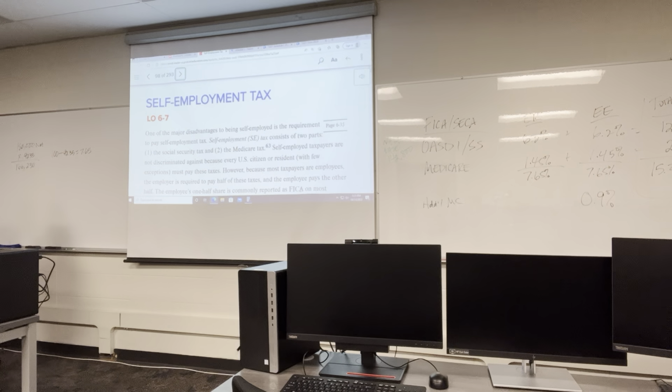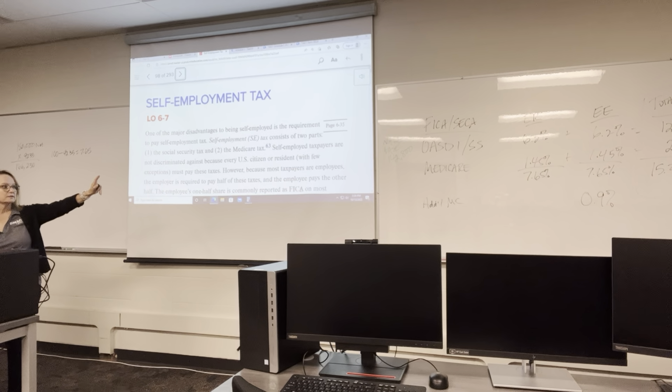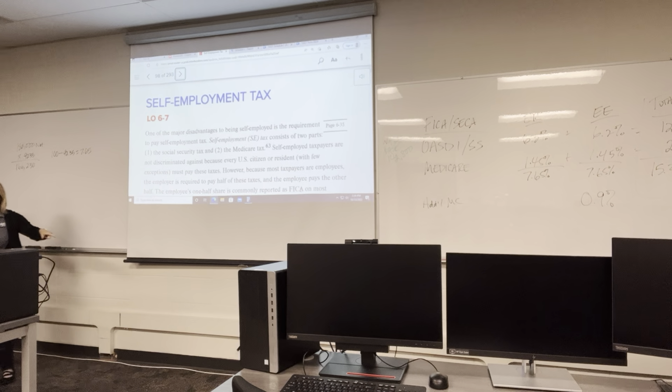Those two items are supposed to take into account the fact that if you were an employer, you'd be getting a deduction for the employer portion of that tax. You would be getting to reduce your income by that much. So this is the first thing we do: multiply by 0.9235. Then we can calculate our OASDI and our Medicare tax.